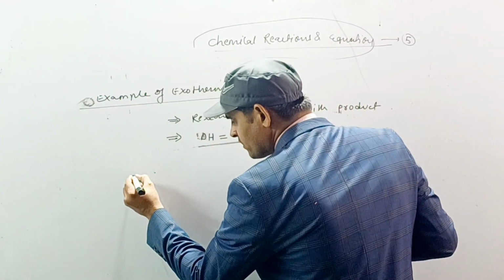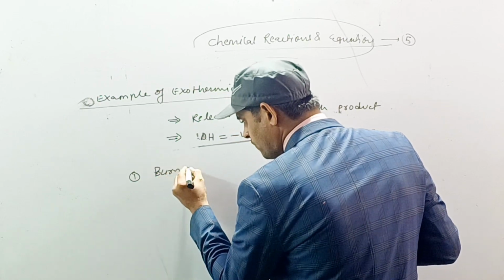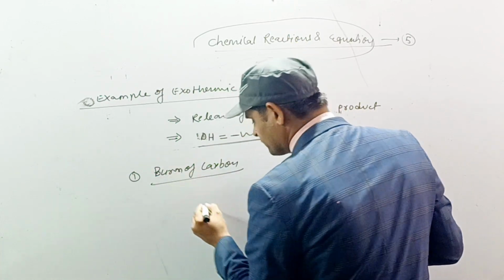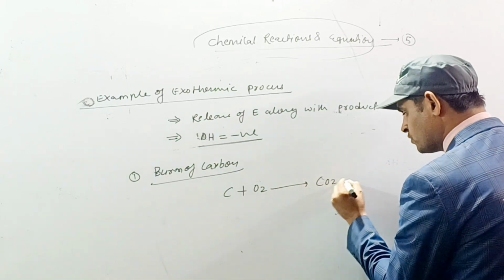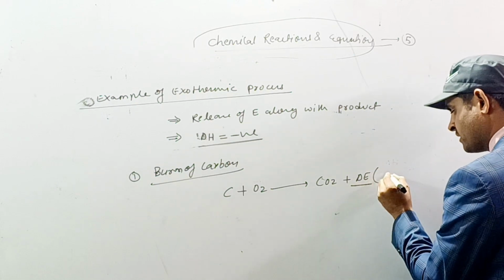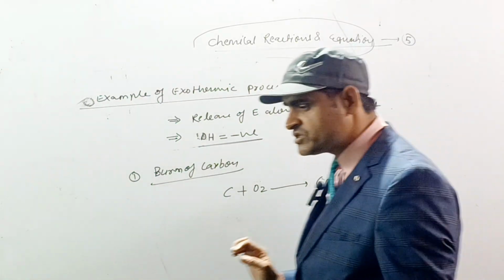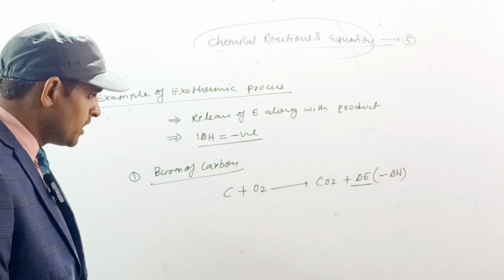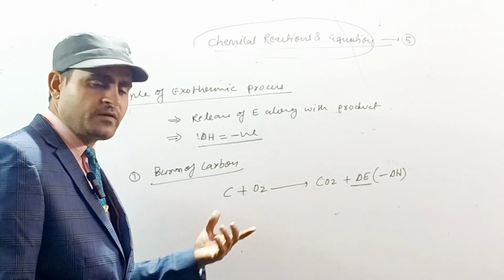And the example is burning of carbon. Carbon plus O2 gives CO2 plus del E energy and minus del H. How to find minus del H, we have already described in the previous curve.